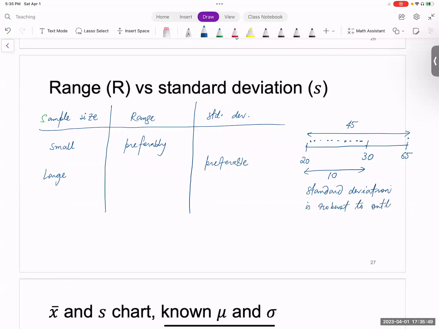And that's when standard deviation is more preferred as compared to range. And then there's another instance where your sample size is actually variable. And if your sample size is variable, you would again want to use standard deviation to monitor variability.